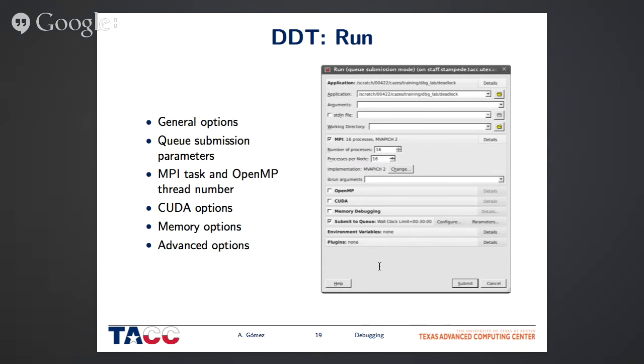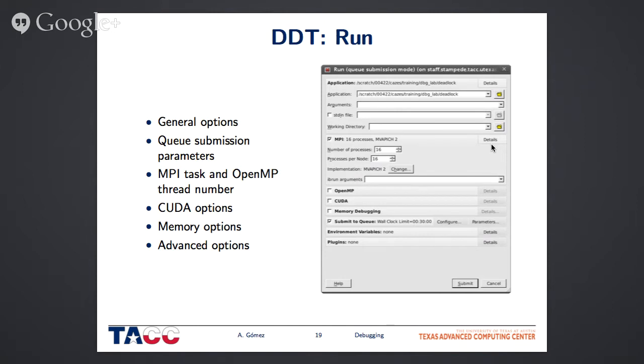So when you start DDT, it will show this window where you can specify the executable or the application that you want to run, the arguments that you want to pass to your application, and you specify the type of MPI stack that you are using, OpenMPI, Intel MPI, whatever you have, and you specify the number of MPI tasks or OpenMP tasks or threads.